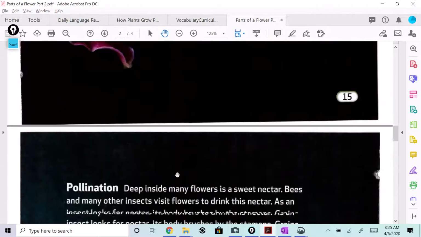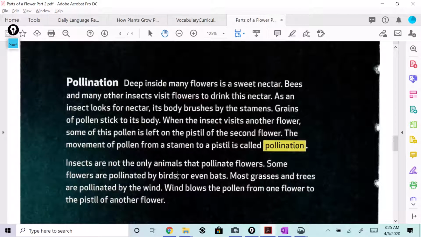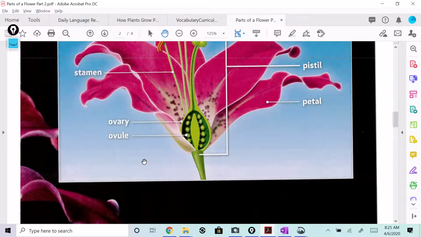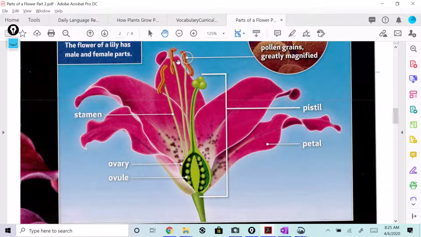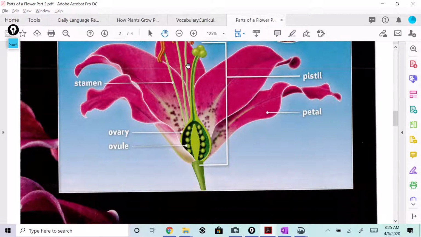Let's keep reading. Pollination. Deep inside many flowers is a sweet nectar. That's what bees go to get. Bees and many other insects visit flowers to drink this nectar. As an insect looks for nectar, its body brushes by the stamens. Here are the stamens again. They brush these little guys, and that pollen comes right off on the bees.